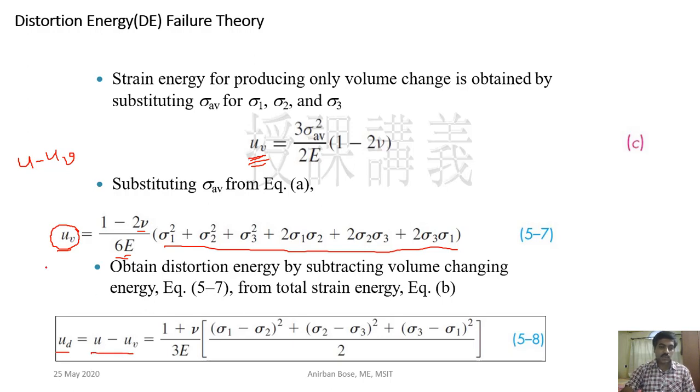That means you subtract this expression from the expression of U, and you get the final expression of distortion strain energy per unit volume: (1 plus nu) divided by 3E into [(sigma 1 minus sigma 2) whole square plus (sigma 2 minus sigma 3) whole square plus (sigma 3 minus sigma 1) whole square] by 2.